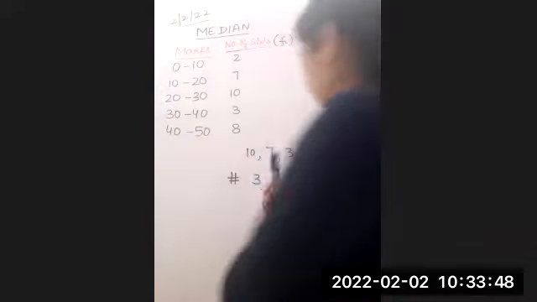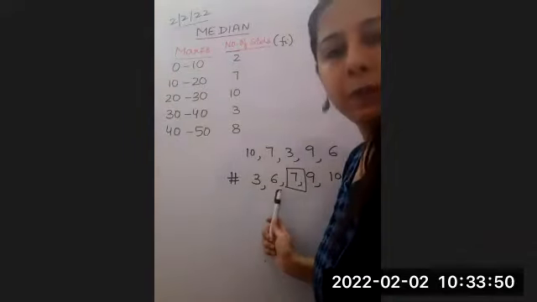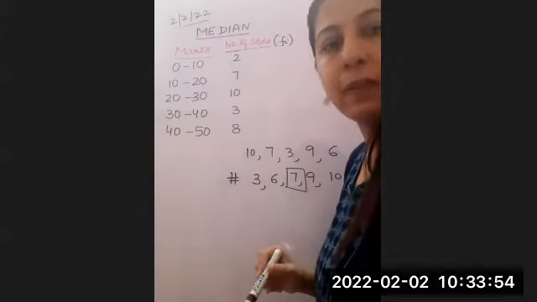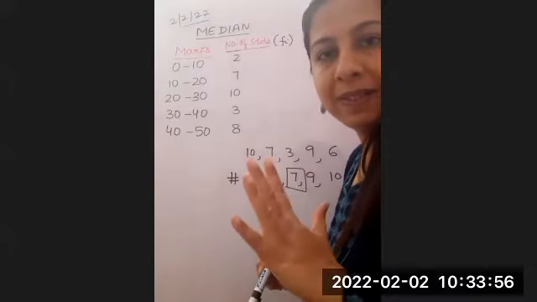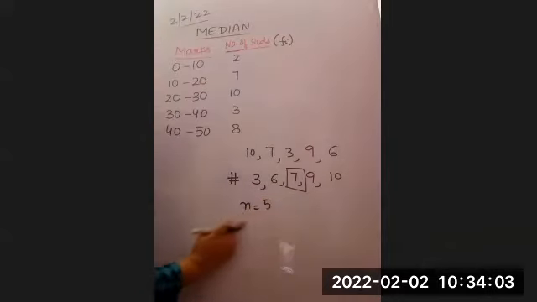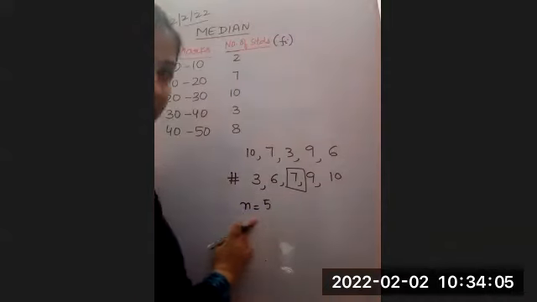Now next comes the middlemost value. How many entries were there? 1, 2, 3, 4, 5. There were 5 entries. Right? So n is 5. You remember this? Your very dear friend n, the total number of observations. Yes, it is 5.